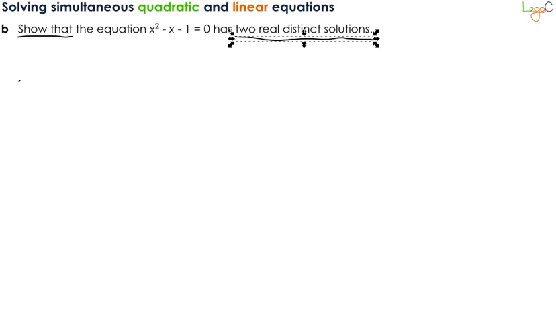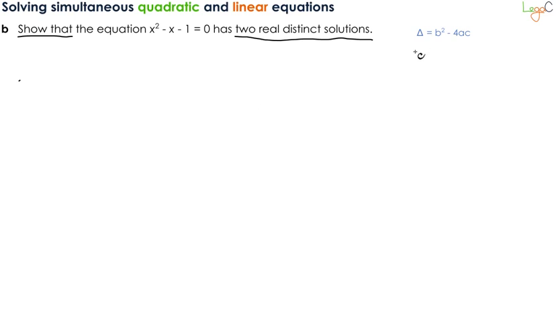Now let's go back to quadratic equations, because this is a quadratic equation, and recall the fact that the discriminant of this equation is going to tell us whether the equation has real distinct solutions or just one solution or no real solutions.